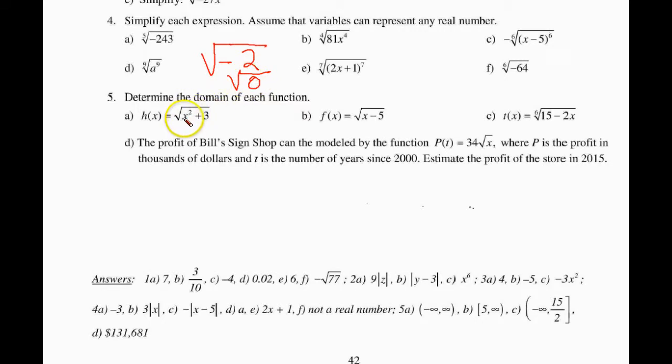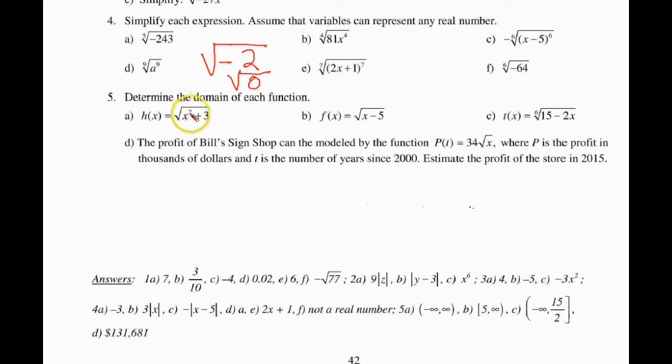Now, notice what's going on here, though. Is there any chance, once we square x, for there to be a negative value under the radical sign? Think of it for a moment. If we have negative 5, negative 5 times negative 5 is 25.